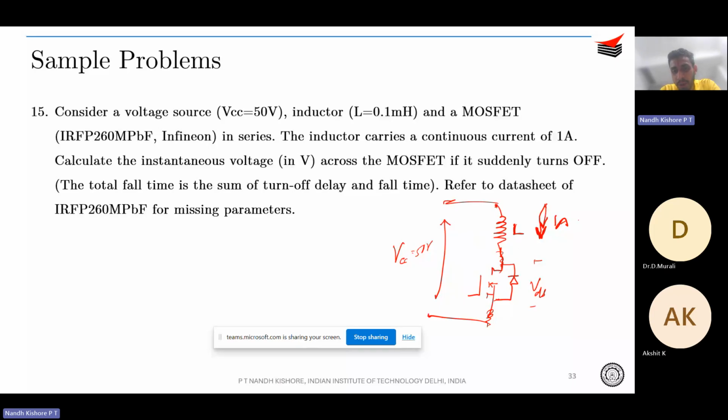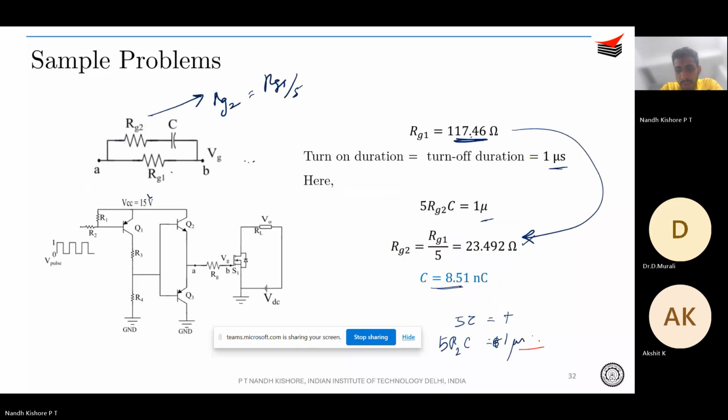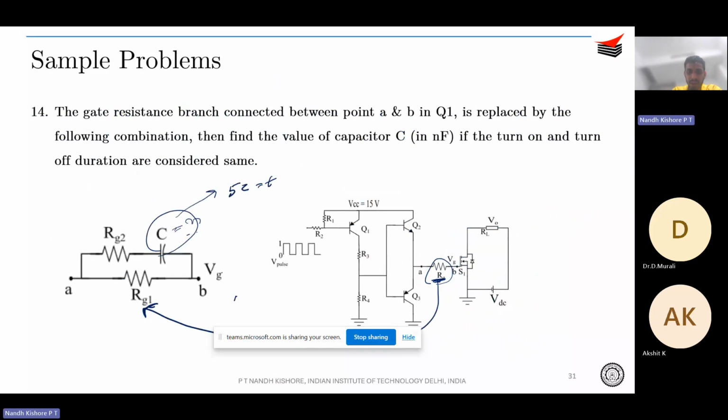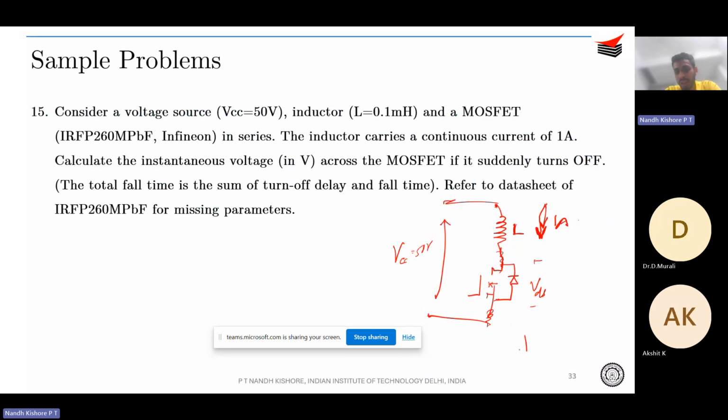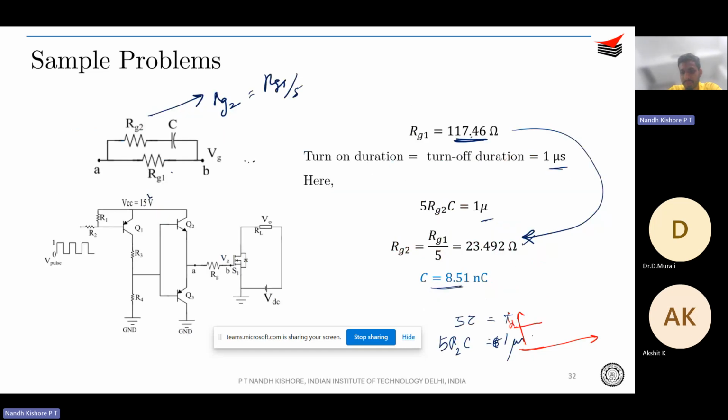The reason is that the device is turning off, so there is a di by dt in the negative direction. The switch current ID is basically falling.